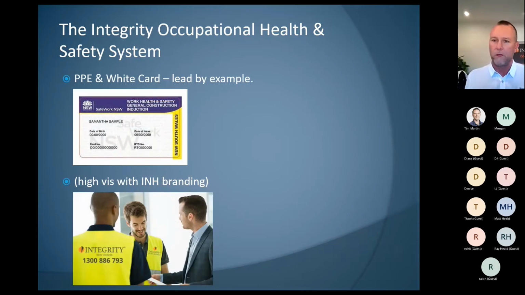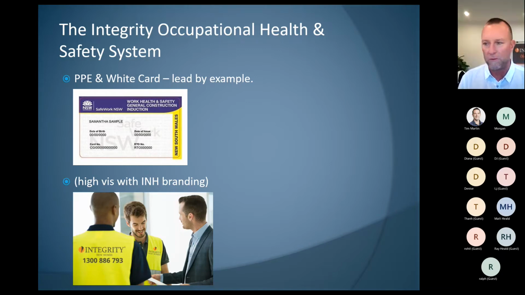Now, you as a builder obviously need to lead by example when you go onto a site. So if you're expecting a high degree of safety compliance from your contractors, but you're coming onto site with thongs or joggers on and not high vis, then you're really not setting the example that says I'm serious about safety.